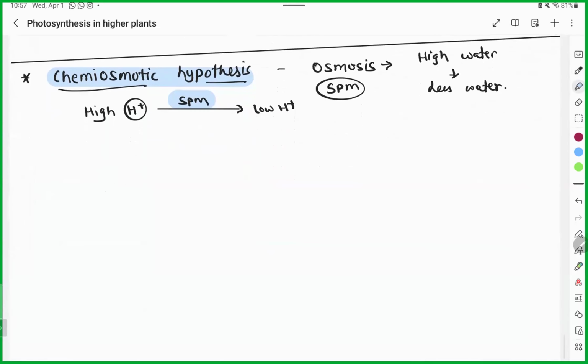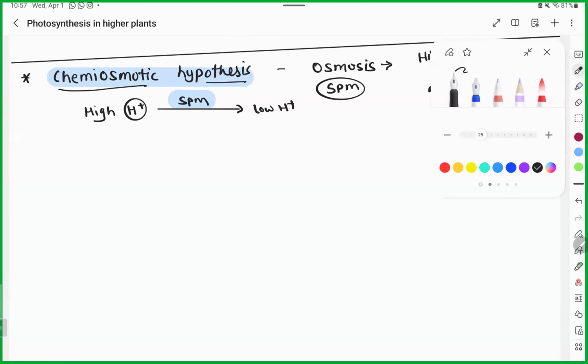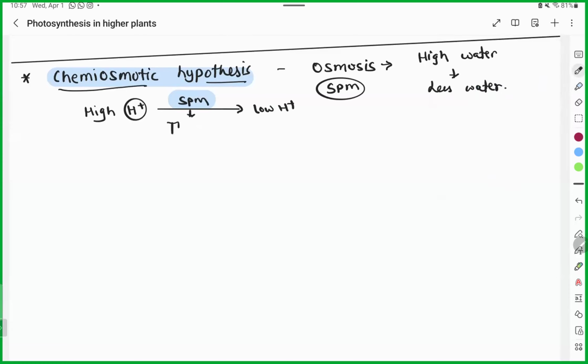Okay. And which semi-permeable membrane are we using? We are using the thylakoid membrane. Through the thylakoid membrane, hydrogen will move from the high H positive to low H positive. What is the benefit? Example, you have this thylakoid membrane and this is a semi-permeable membrane.